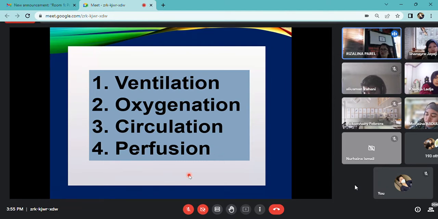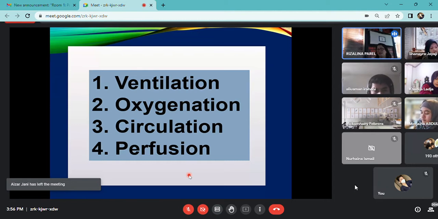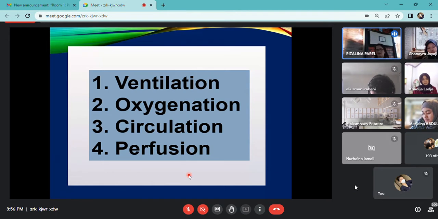So, dyan sa circulation, papasok din dyan yung other electrolytes and yung amino acids na natitake natin for the good circulation. And then, the 4th body function is, of course, perfusion. So, sa perfusion, ina-assess natin yung blood, kung paano siya mag-force or mag-flow ng forcefully through the network of the microscopic vessels.